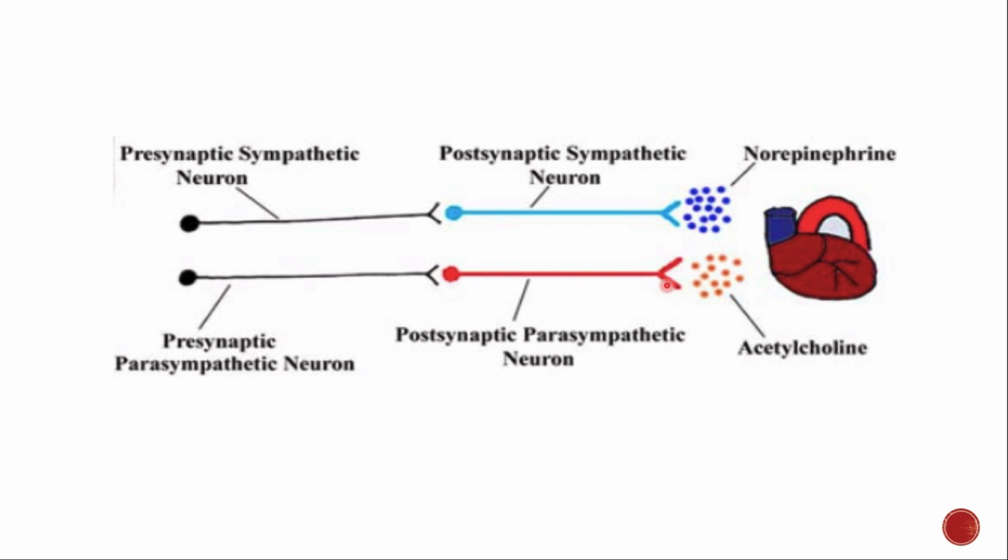This is the postsynaptic parasympathetic neuron. Both of these parts are cholinergic. In the sympathetic system, the preganglionic is cholinergic and the postganglionic is adrenergic, with a few exceptions such as the apocrine sweat glands.